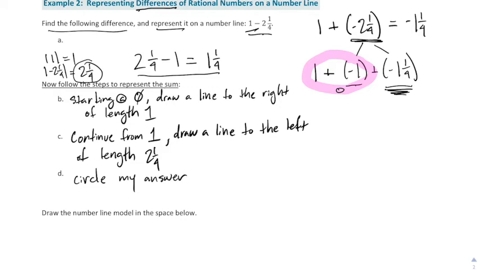So again, I've got another number line with no numbers, and I'm trying to represent 1 minus 2 1/4. This one will get a little trickier if I'm trying to start at 0. I know I've got 1, 2, 3, 4, 5, 6, 7, 8, 9, 10, 11 lines that I can use to represent. I'm going to be trying to represent something that's got quarters on it.